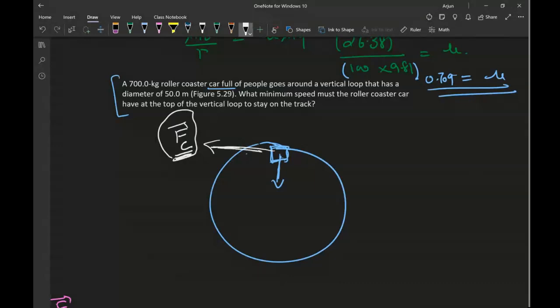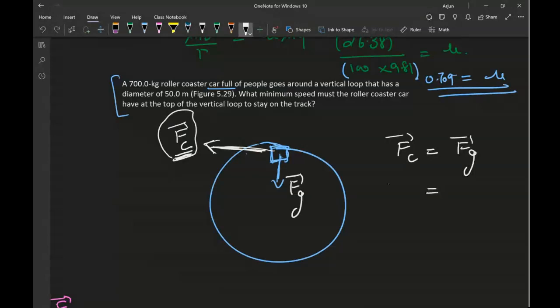And then FC is trying to pull it in this direction, FG is trying to pull it in the downward direction. So once these two forces are balanced, only then this car, or shall I say this trolley, will stay on its track. So FC should be equal to FG in this case, and there is no normal force.